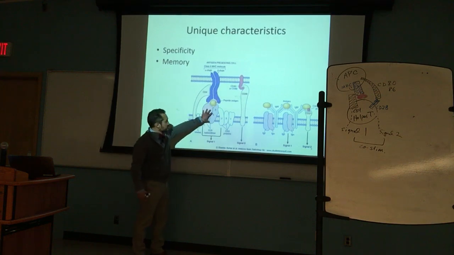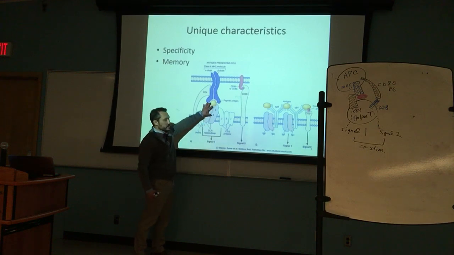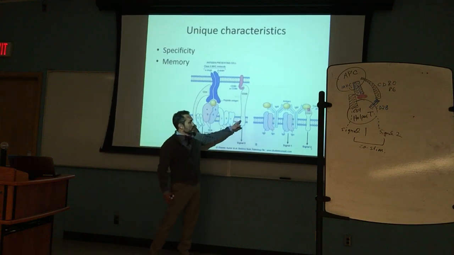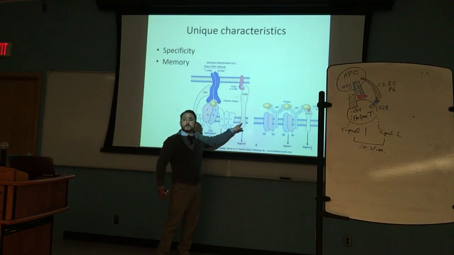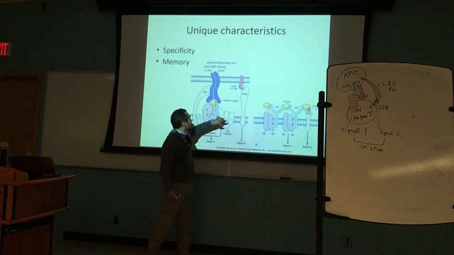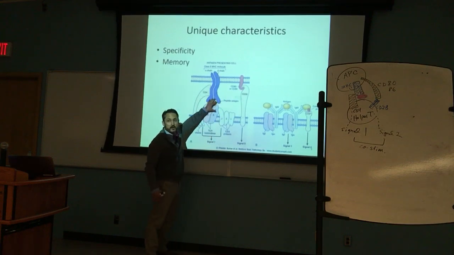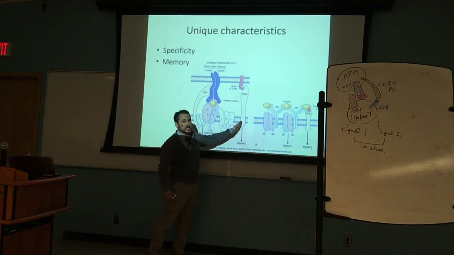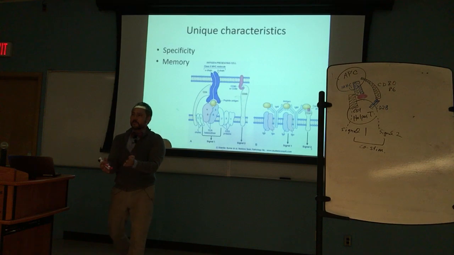When this happens and signal 1 is triggered, and it's a legit signal, meaning this is an antigen and all these pieces are in play, it triggers colocalization of the CD28. The CD28s come into the nearby vicinity and find the CD80. So if this happens on accident and they all get together but you don't get colocalization of CD28, then you don't get activation of the helper T cell.